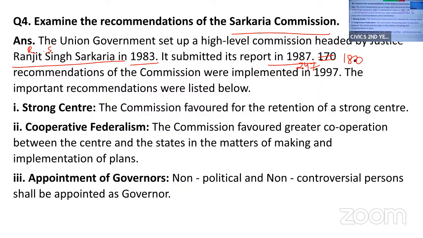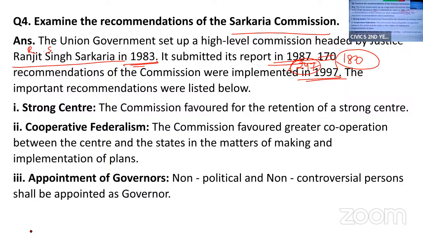These 180 recommendations were implemented in 1997, 10 years after the submission of the report.